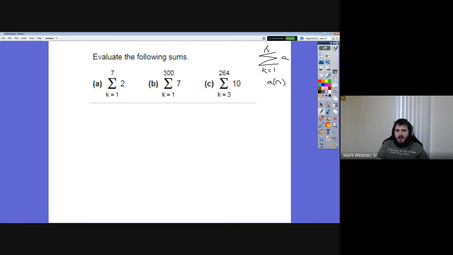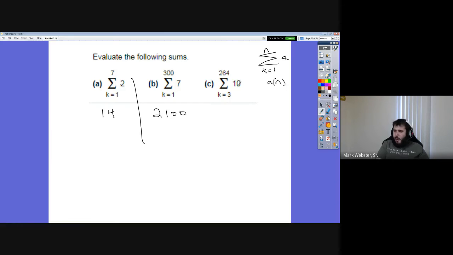So whatever this is times whatever this is gives you your answer. Again, if you tried to add 2 up 7 times, you definitely get 14. 2 times 7, a 14. Same thing here. If I added 7 up 300 times, that's just 7 times 300.